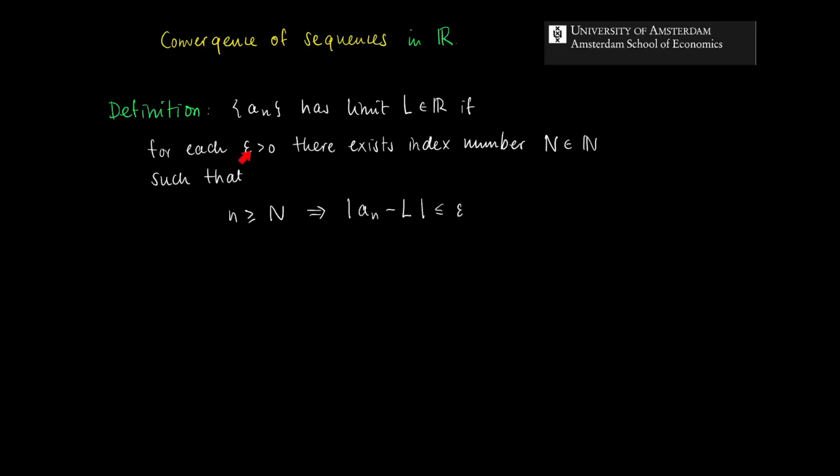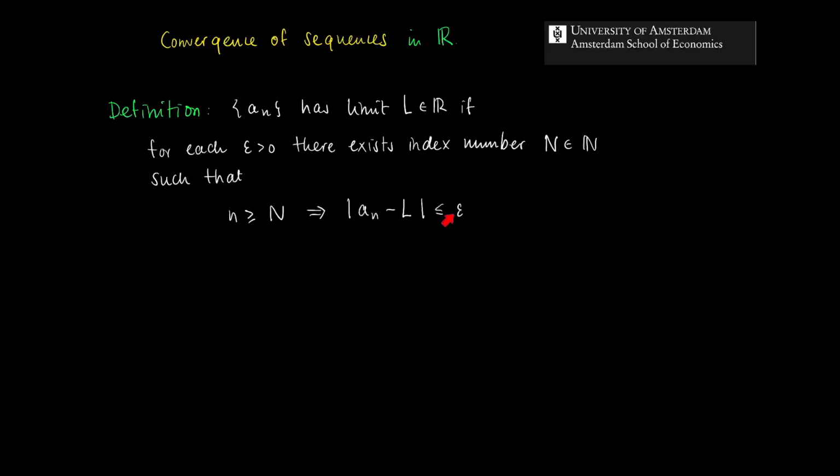if I can make the elements arbitrarily close to L, which means that for each epsilon larger than 0, there exists an index N large enough so that for even larger index numbers n, larger than capital N, the difference of a_n minus L in absolute value is smaller than this bound epsilon.